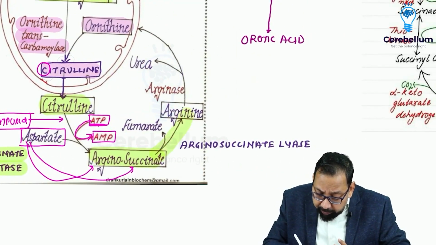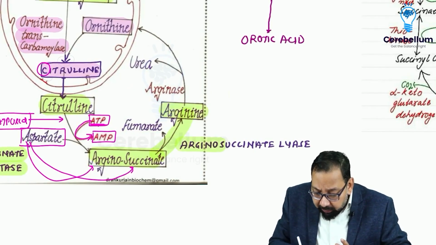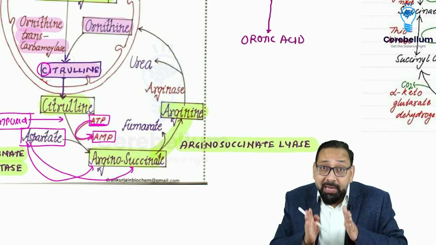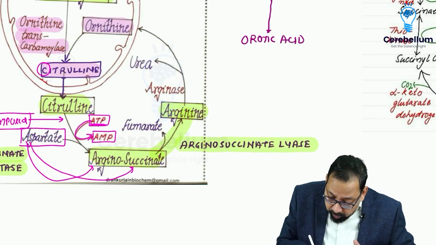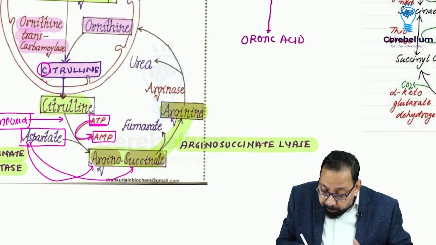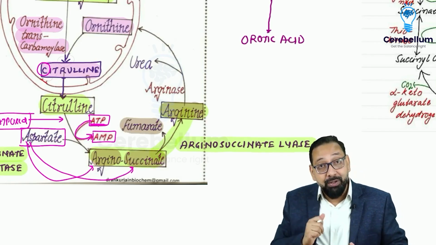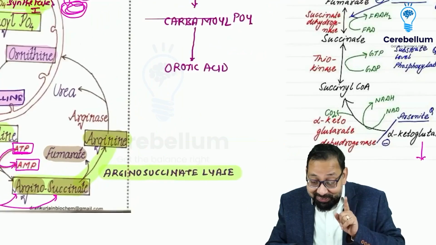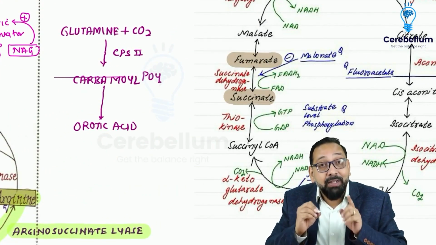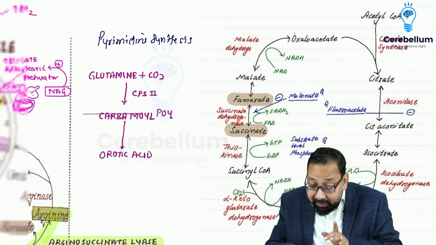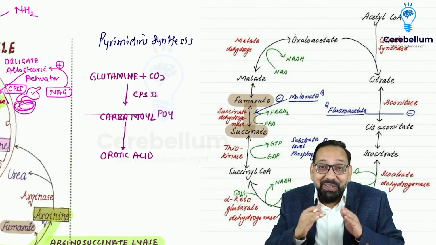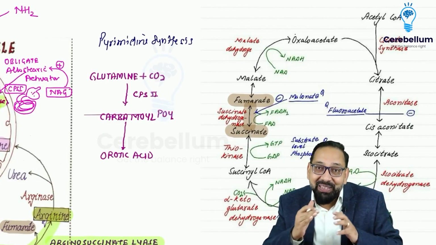Now argininosuccinate is converted to arginine by argininosuccinate lyase. When lysis occurs, the arginino component is converted to arginine, and the succinate component is converted to fumarate. We have read that succinate has 4 carbons and fumarate has 4 carbons, and in the Krebs cycle, the TCA cycle, we have converted succinate to fumarate many times. So succinate and fumarate can be converted to each other.